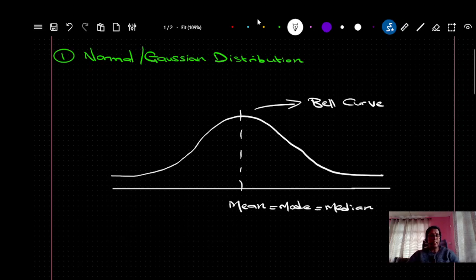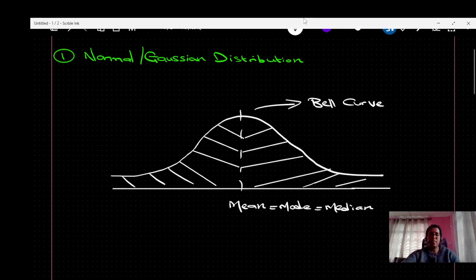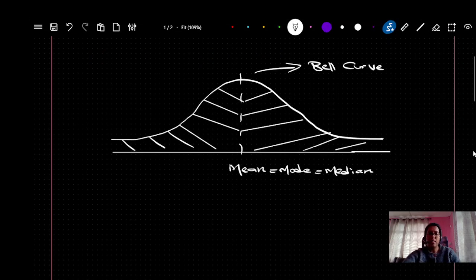It's bilaterally symmetrical, so you have data here and data here on the right. And something very important is that the amount of data on the left is equal to the amount of data on the right. This is another characteristic. So let's see the characteristics of the normal distribution.